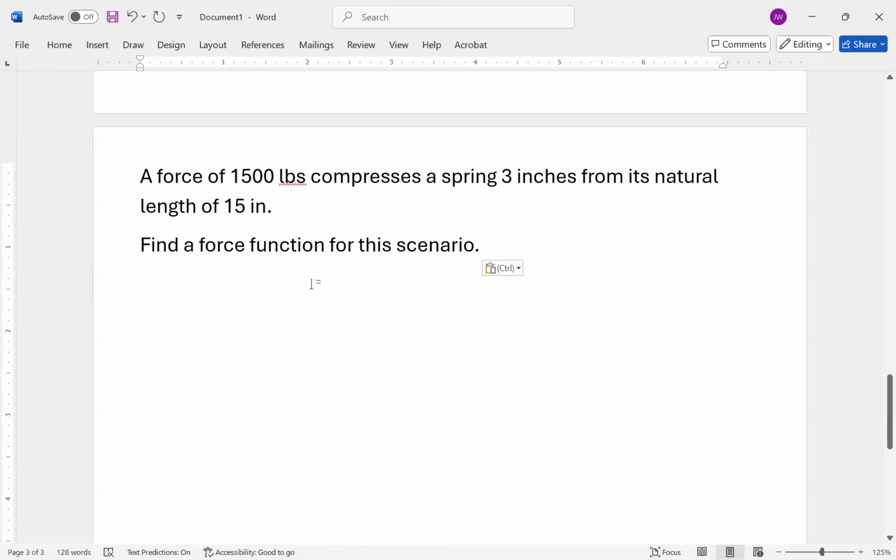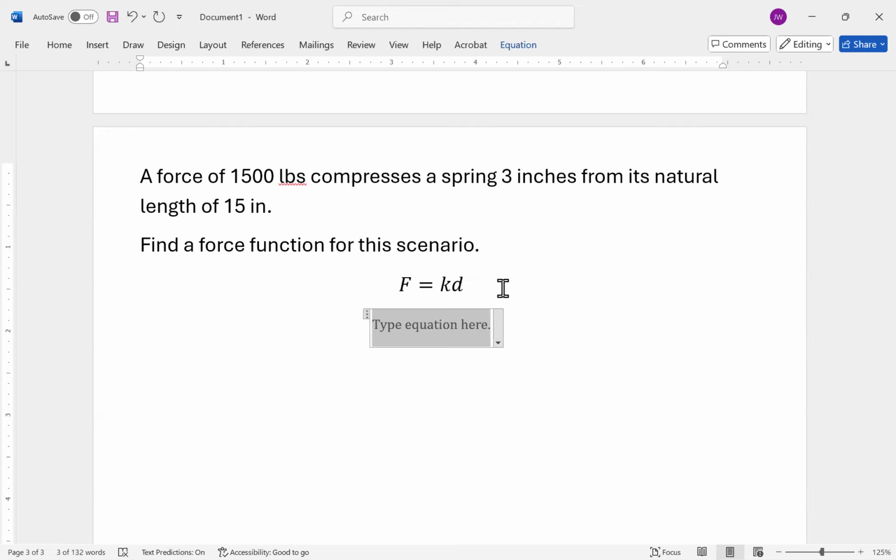The reason that is a nice feature is because Hooke's law says the force that it takes to compress a spring d inches is some constant times your rate of compression.